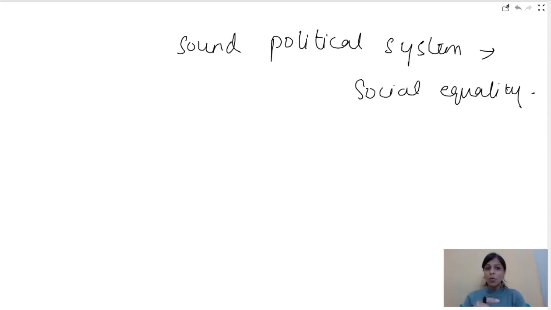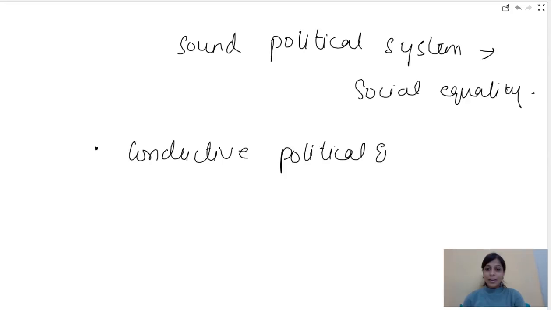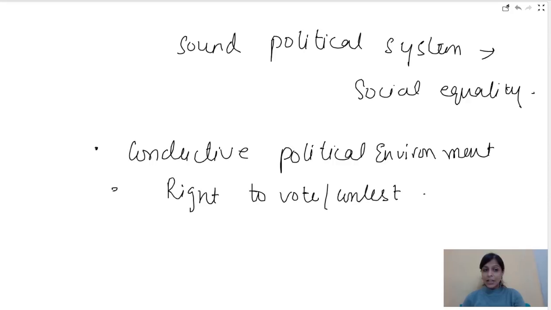Now, how can you prove this statement? Number one, it provides a conducive political environment, by which I mean that the people are participating in it. Second, every citizen has the right to vote or right to contest in the election. Then it stands for equal economic status of the people.